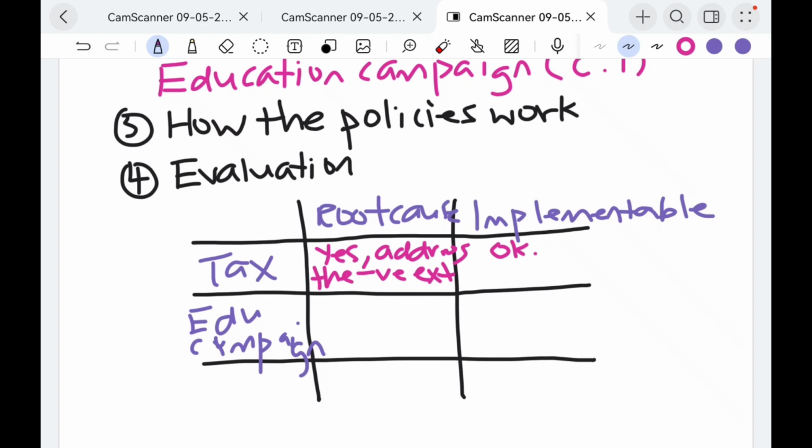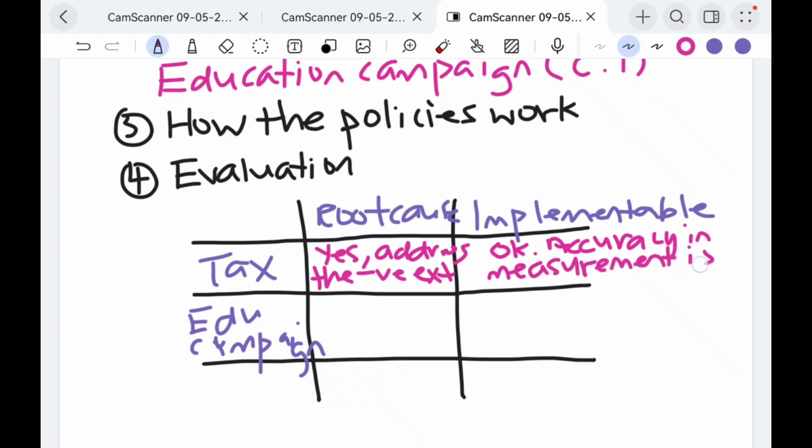So the government may have some extent of success only in accurately measuring the size of the externality. So the accuracy in measurement is actually limited.